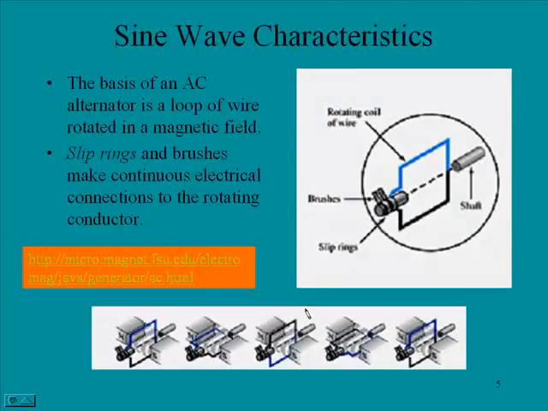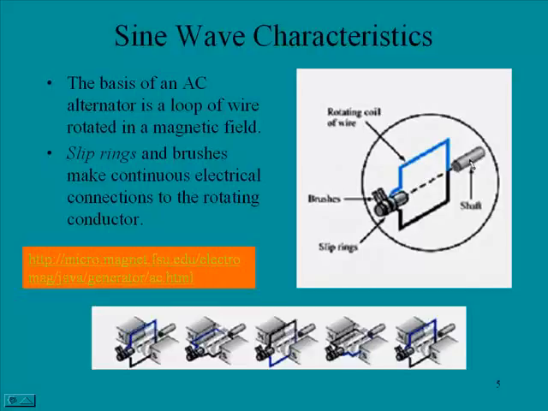Okay, sine wave characteristics. The basis for an AC alternator or generator is a loop of wire rotated in a magnetic field. And so here we have a coil of wire that is rotating, and it's very important to remember that it is rotating.